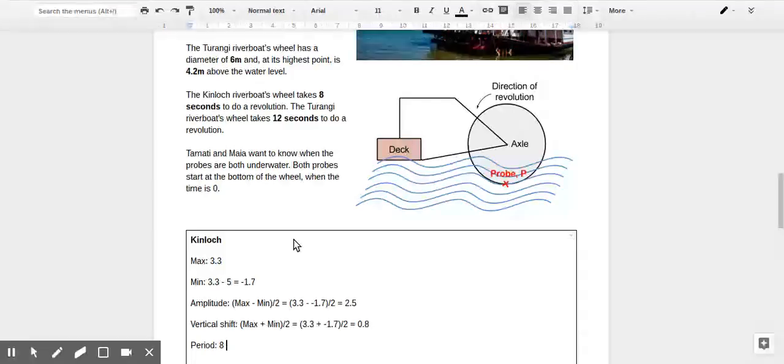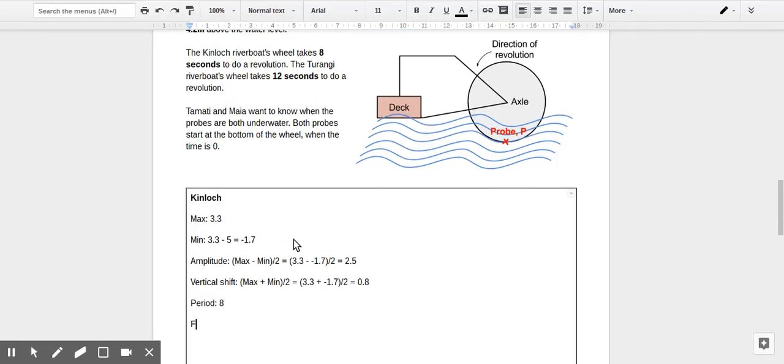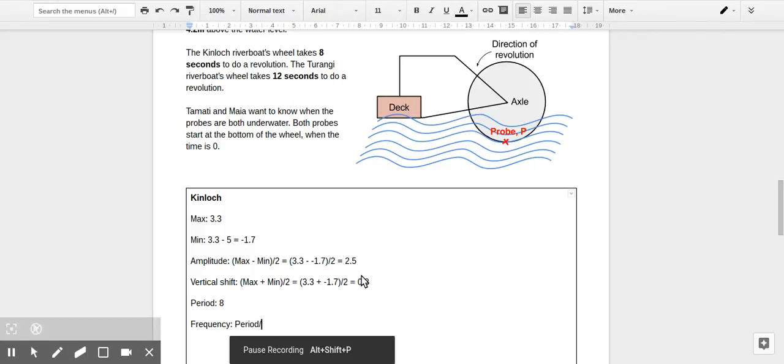Alright, now we have a period that's given to us. Our period is 8 seconds. To get our frequency, we need to go period divided by 2 pi, sorry, not period divided by 2 pi, it is 2 pi divided by period.